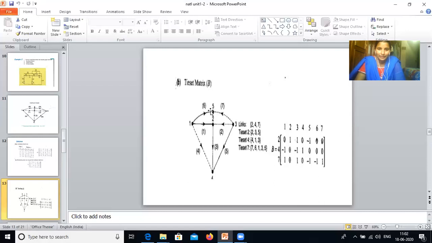Next, I am adding the seventh link. So the seventh link means we get a loop in this way. What is the loop here? 7 is plus, this is in the opposite direction, minus, this is also in the opposite direction, and this is also in the opposite direction.